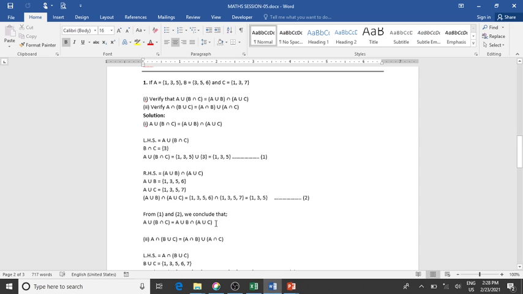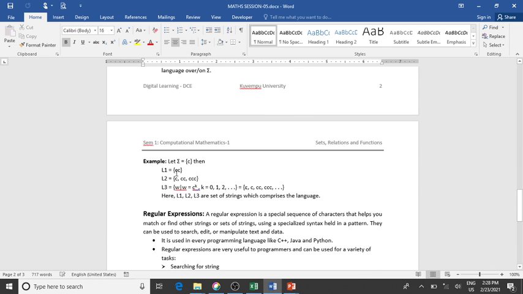We can see an example of strings here. Let sigma be equal to {C}. This is the alphabet that is defined. Then L1 is equal to {CC}, which represents one string, and similarly L2 represents {C, CC, CCC}, a type of string.